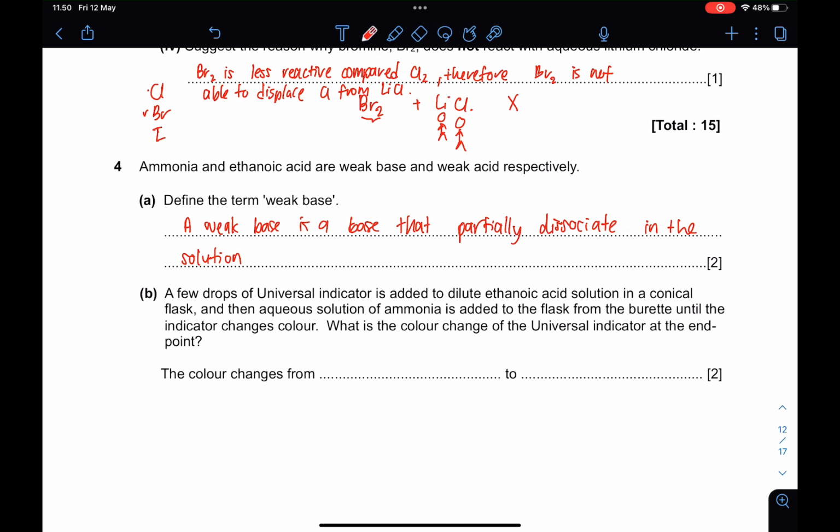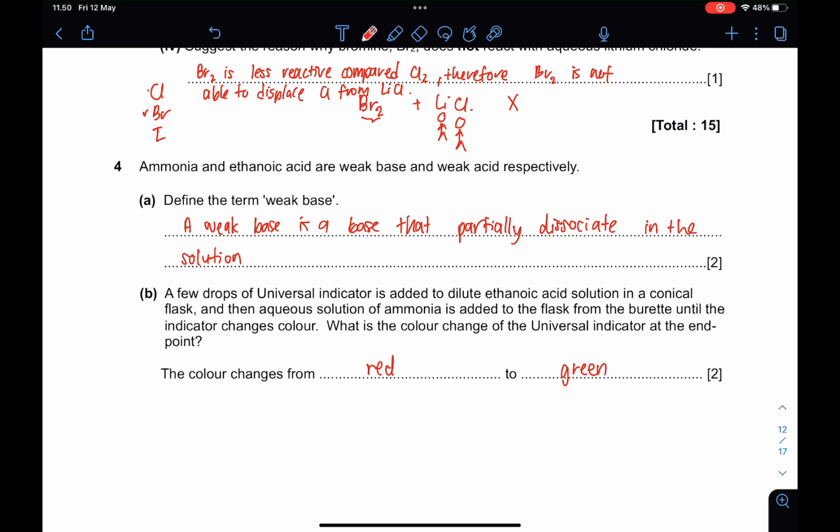What is the color change at the end point? At the end point of an acid and base reaction, we are looking at a neutral solution.